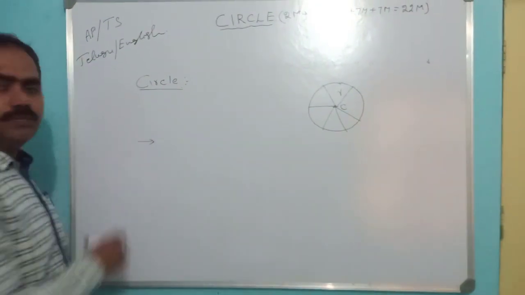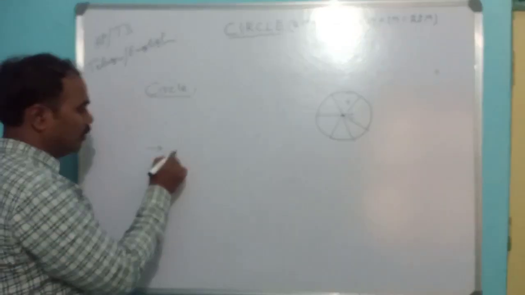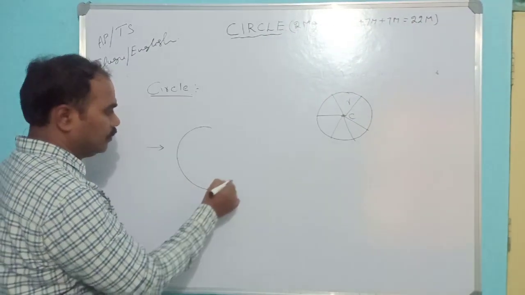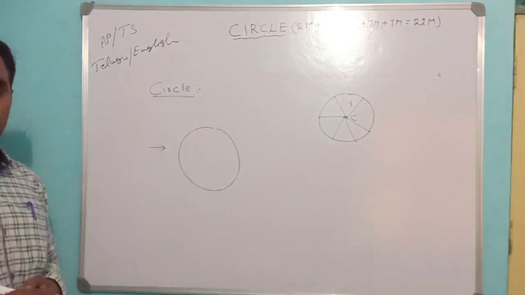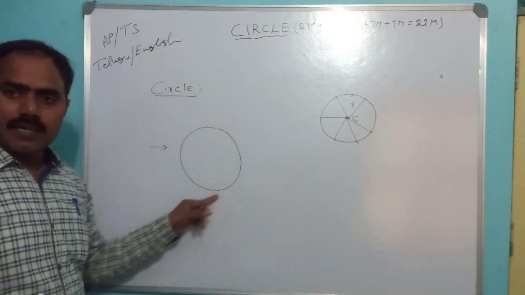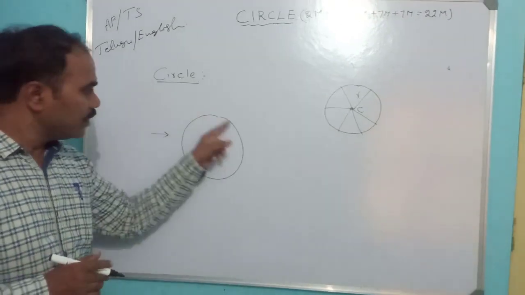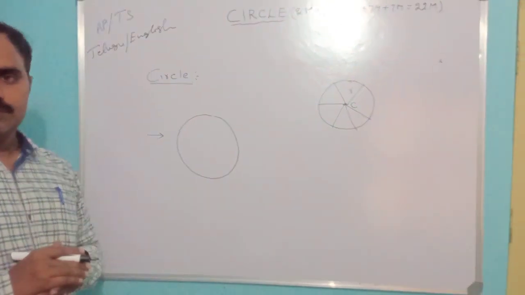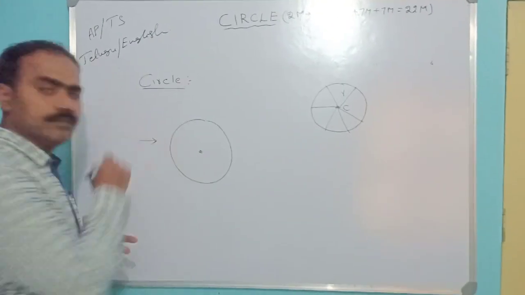Now, this is the circumference of the circle, and this is the center.